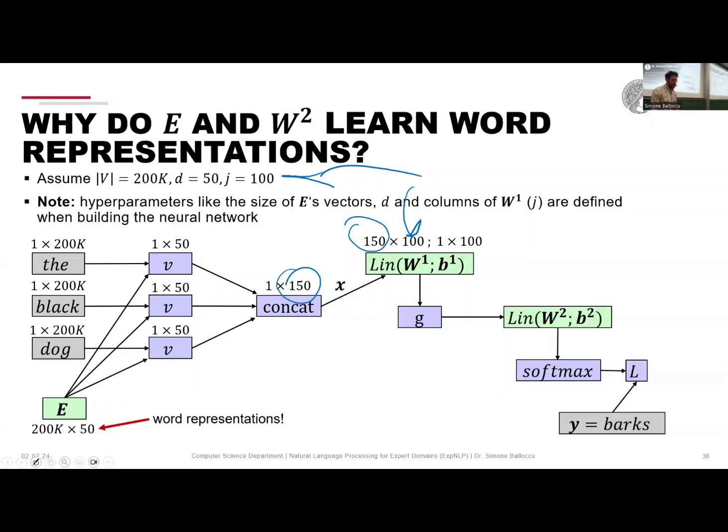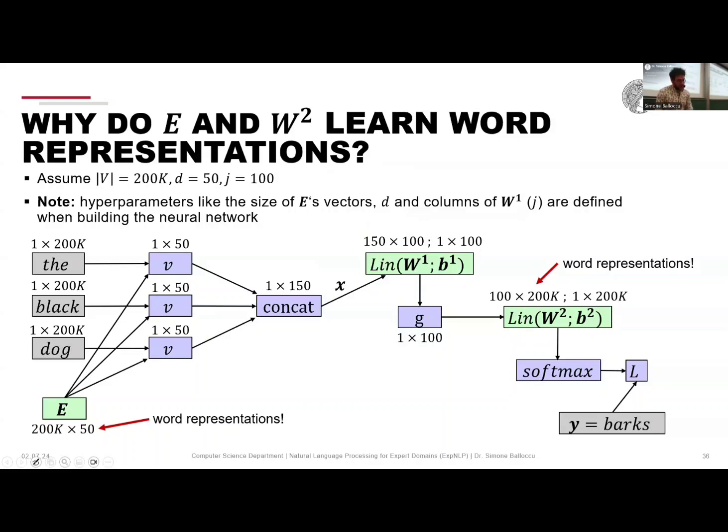We said our matrix will have 100 columns, and then the rows come naturally, because otherwise we could not multiply it. And the bias vector is going to be 1 times 100, because, again, vector-matrix multiplication takes the rows of the first one and the columns of the second one. So it must be 1 times 100. G is also going to be 1 times 100, because it takes that input.